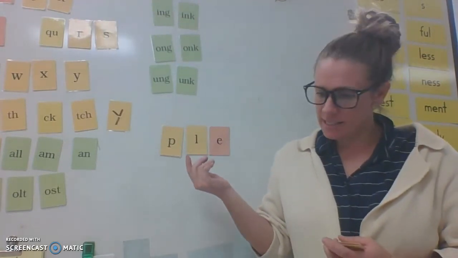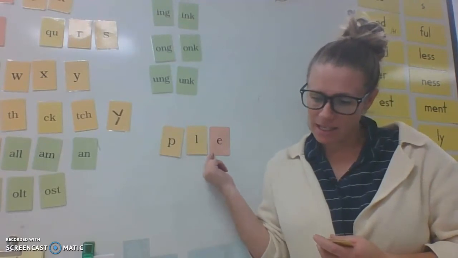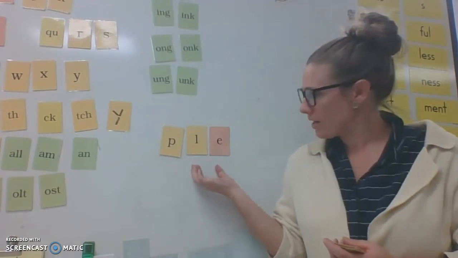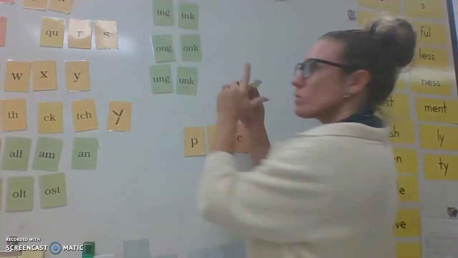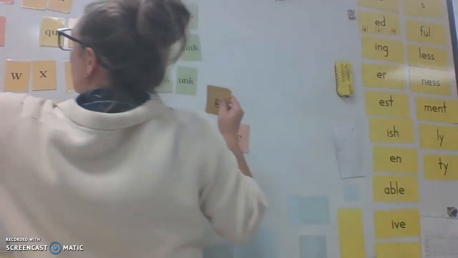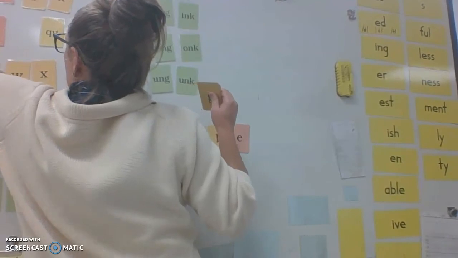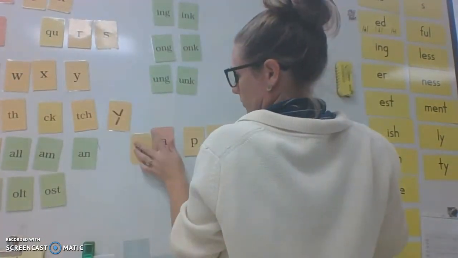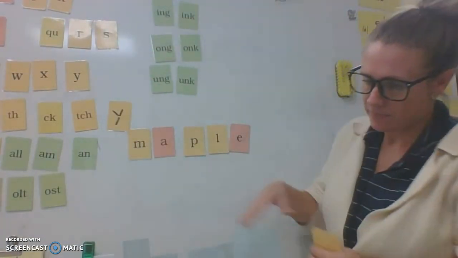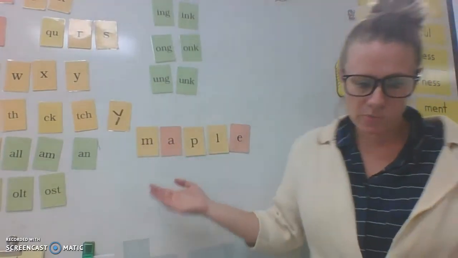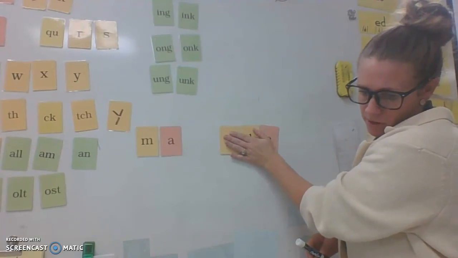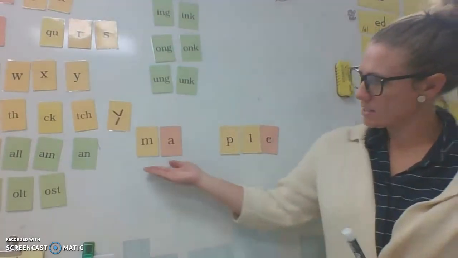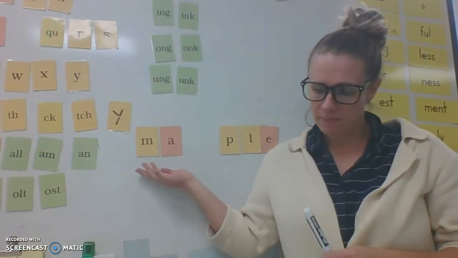So, since the consonant LE is always at the end of a word, we can add another syllable to the beginning. Watch this. Okay. So if I have this word, it's a two-syllable word that I can pull apart. What kind of syllable is the first syllable?